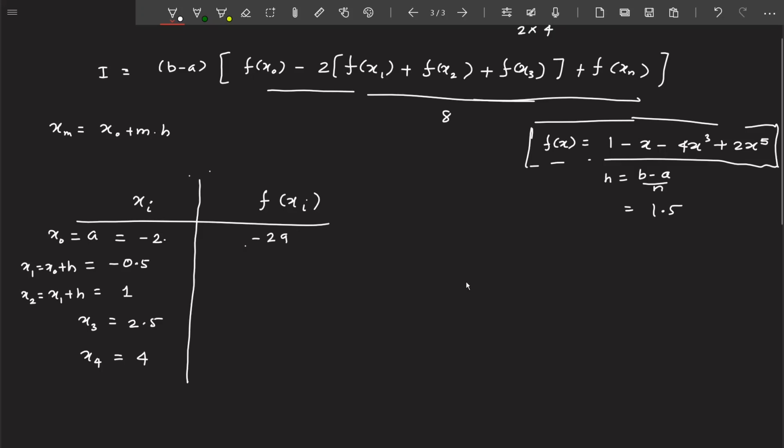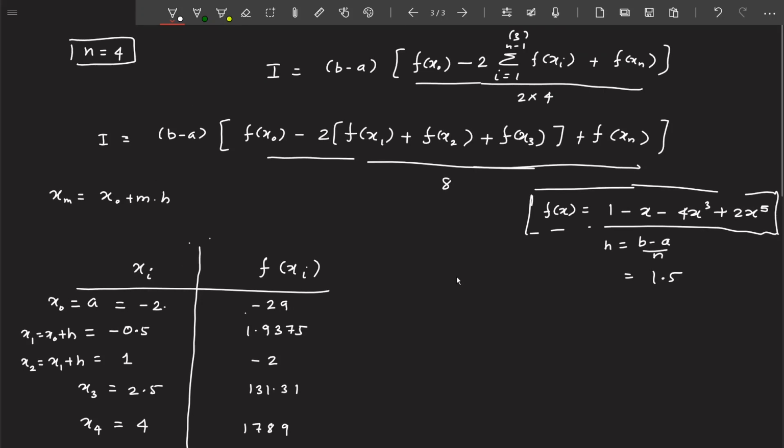Again, when you substitute −0.5, you'll find it's going to be −1.375, then it's going to be −2, then it's going to be 131.31, and this is going to be 1789.